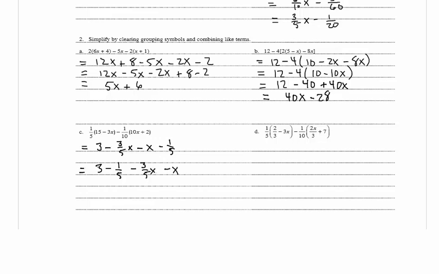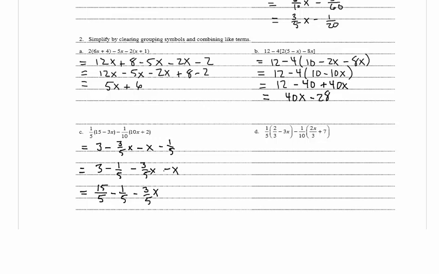And now we need to do 3 minus 1/5, so we're going to need a common denominator. And we're also going to need to combine our negative 3/5 x and our negative x, so I'm going to come up with a common denominator as well there. And our common denominator for both is going to be 5. So if I wanted to write 3 with a denominator of 5, I would write it as 15 over 5, and then we have minus 1/5 minus 3/5 x.